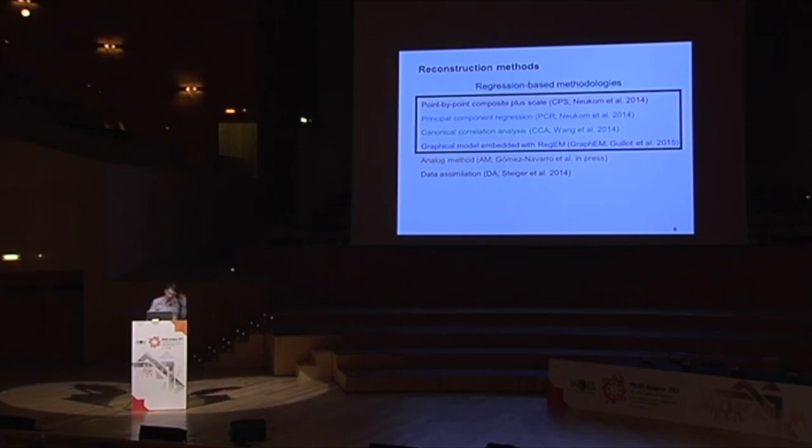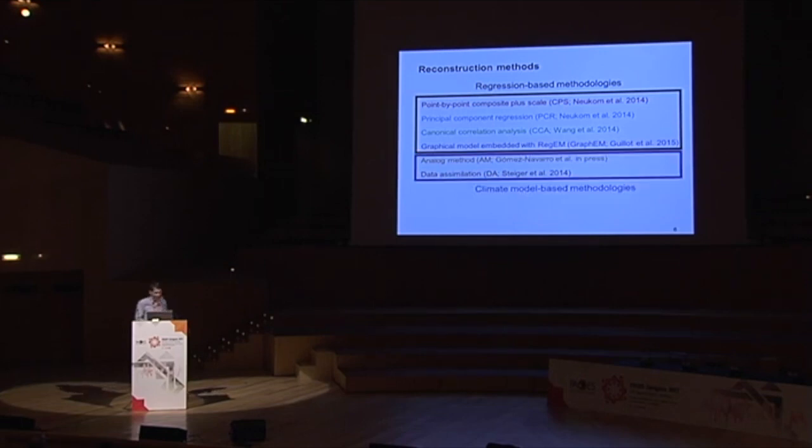Speaking very broad brush, since I obviously don't have time to go into a lot of detail about the differences, the top 4 are essentially traditional regression-based methodologies that have been updated and improved since the early days of climate field reconstructions. And then the bottom 2 methods are basically climate model-based reconstruction methods.